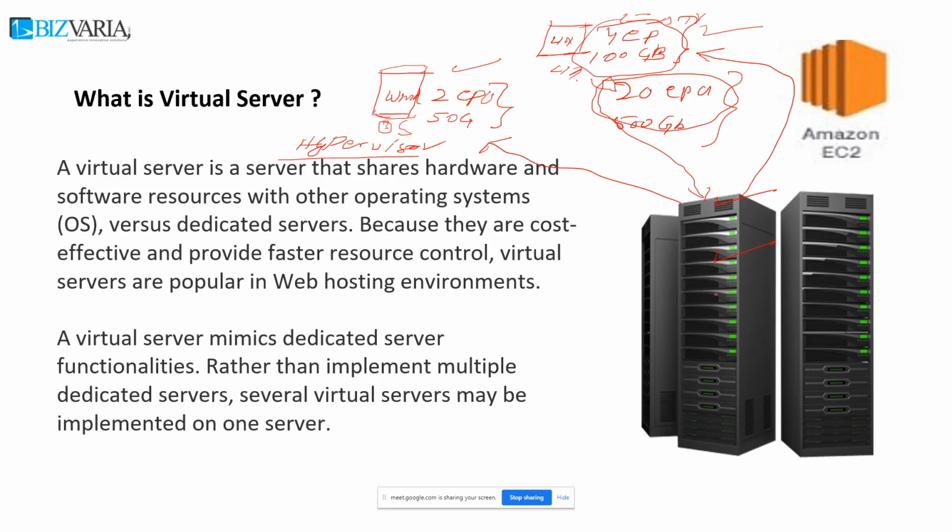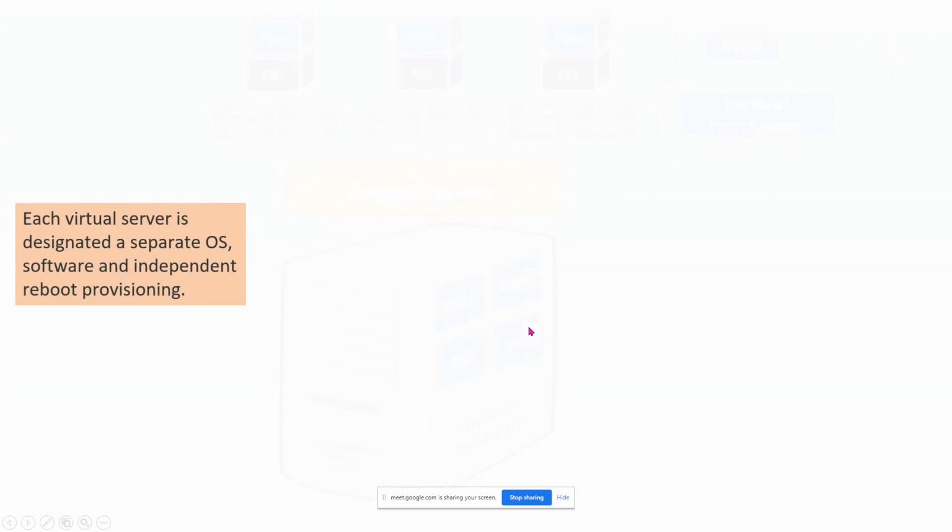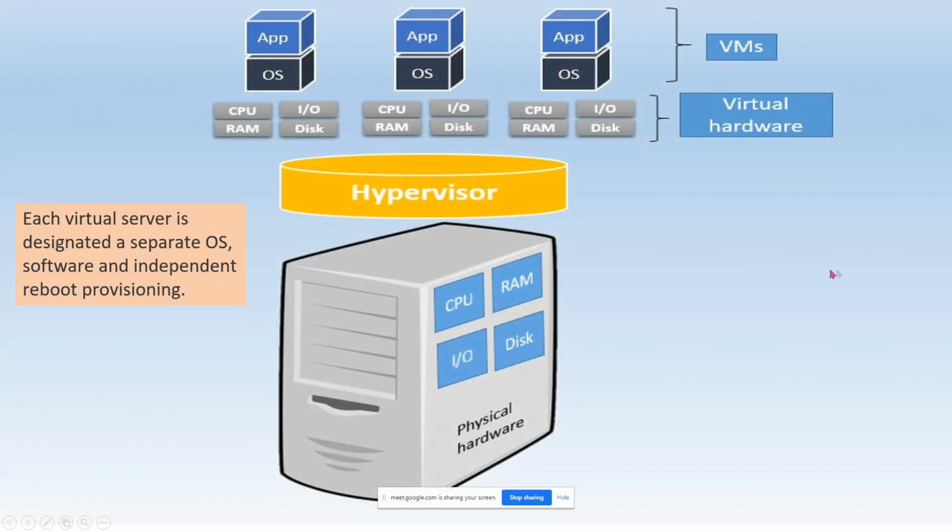So again, we are sharing the hardware with other instances, with other servers which are not physical servers but virtual. That's how they become virtual. They are using the software called hypervisor. This is what it's going to look like. This is the software. This is the physical server.